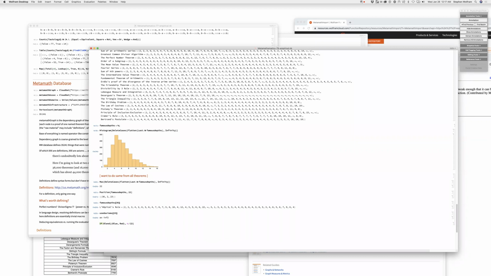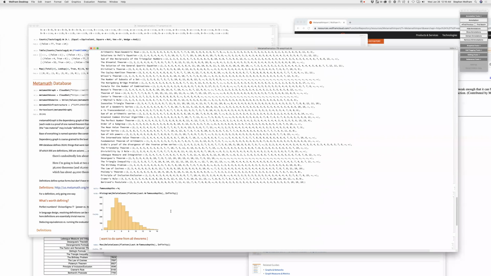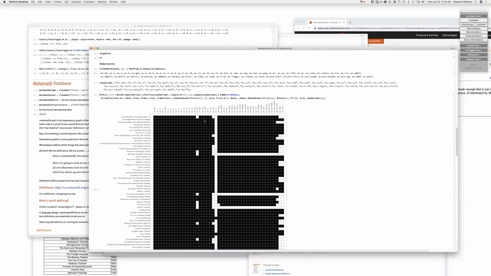If hash triple equals infinity, then white, otherwise this. And then we want to do the same thing, this thing here, we want to take famous depths. Okay, here we go.